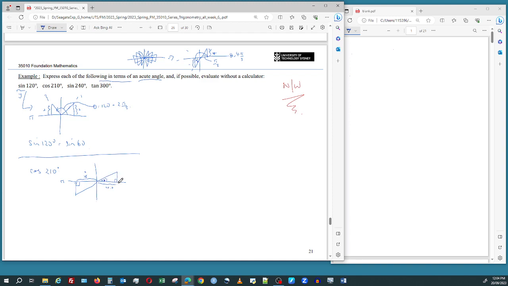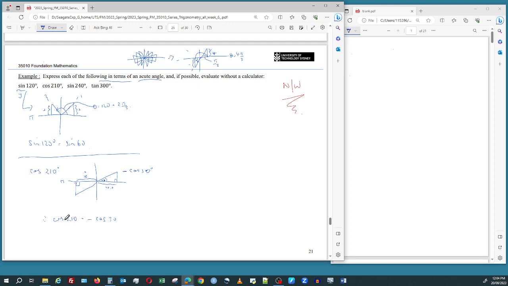So how do we make it an equivalent? In other words, our cos 30, although it's the same length, it's a plus. Well, the only thing we have to do is make it a minus. So therefore, cos 210 is equal to minus cos 30.